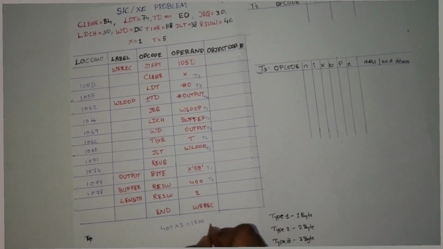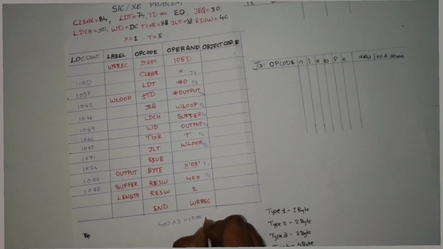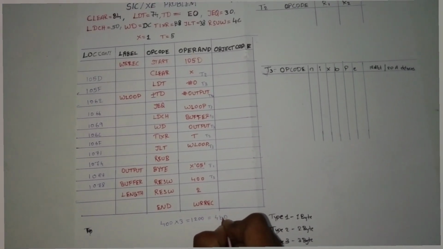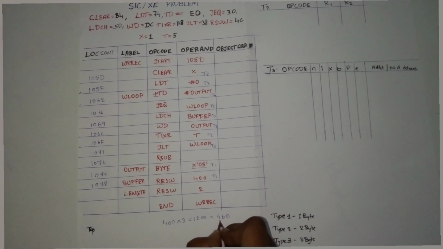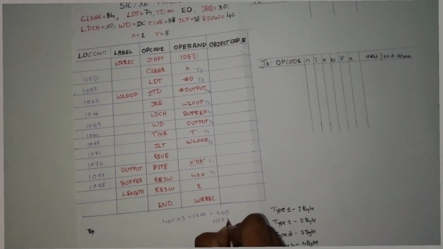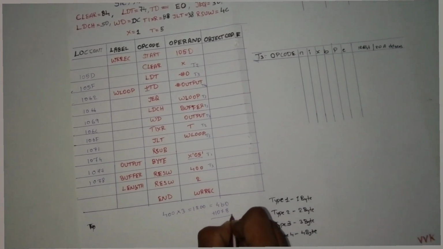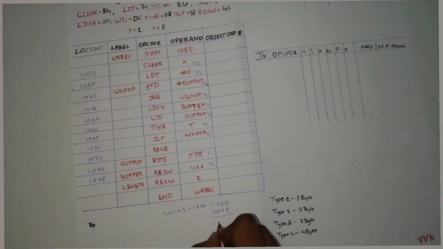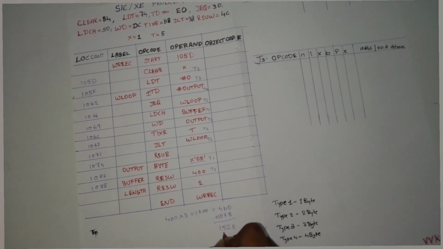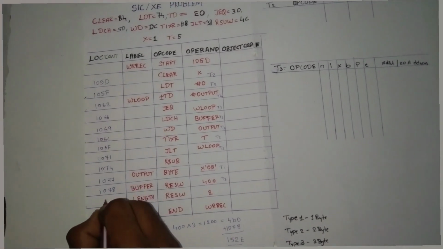The 1200 will be written in hexadecimal as 4B0. That we have to add with 1078, and we get 152E as the next value here.